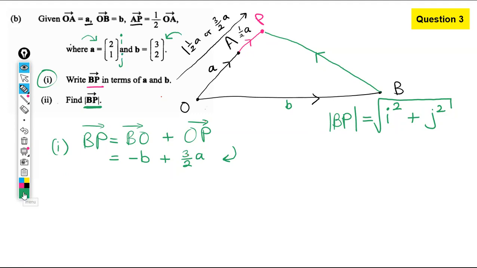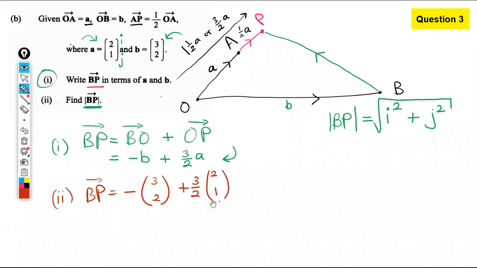So for part 2, to start off the question, what we need to do is replace the common b with the value they gave us, 3 on 2. Remember, the top value is always i, the underneath value is always j. And we're going to replace the letter a with how much? (2, 1).